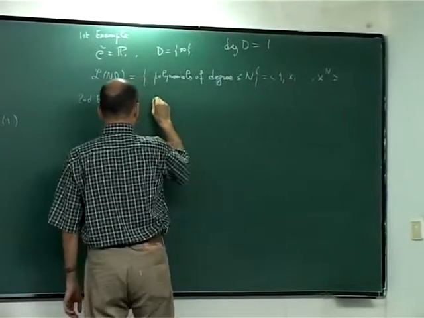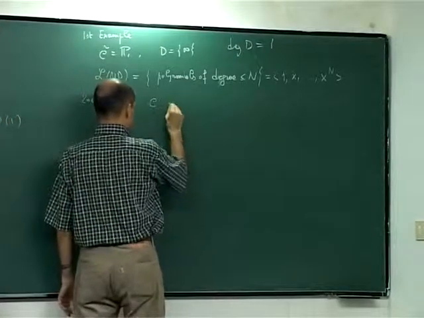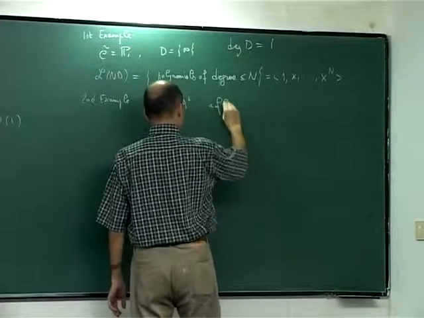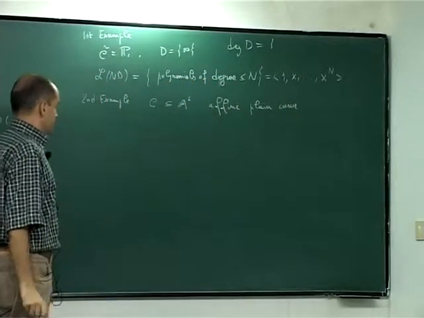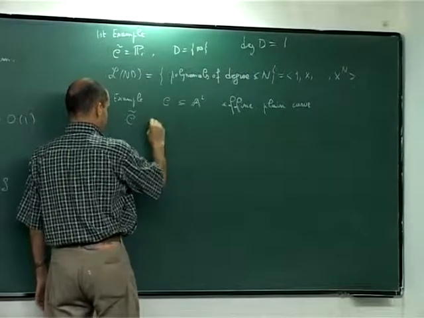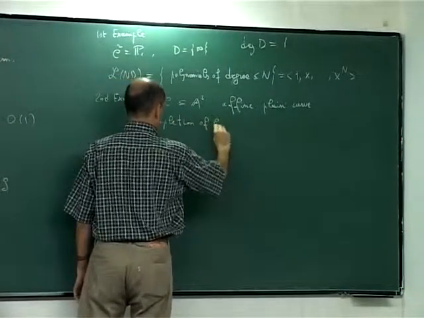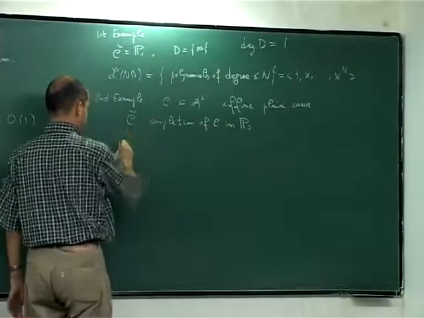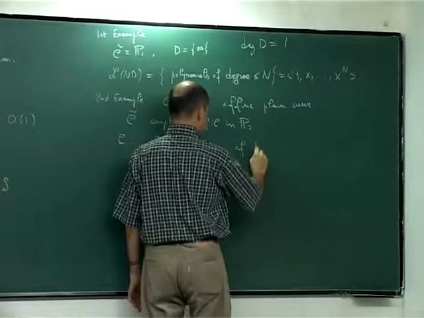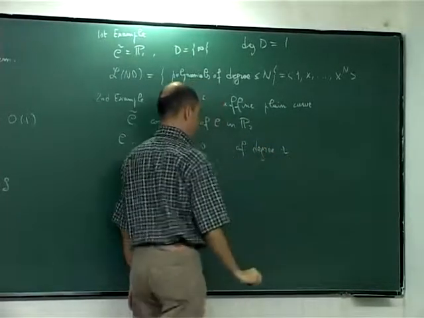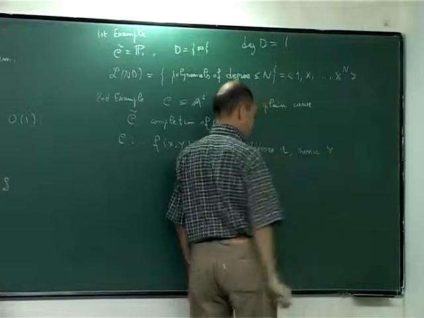Take an affine curve C. Consider this particular case: C is an affine plane curve, and C tilde is a completion of C in P2, and we suppose that C is defined by an equation f of x, y equals 0 of degree r, and to simplify, we suppose monic in one variable, for instance in y.